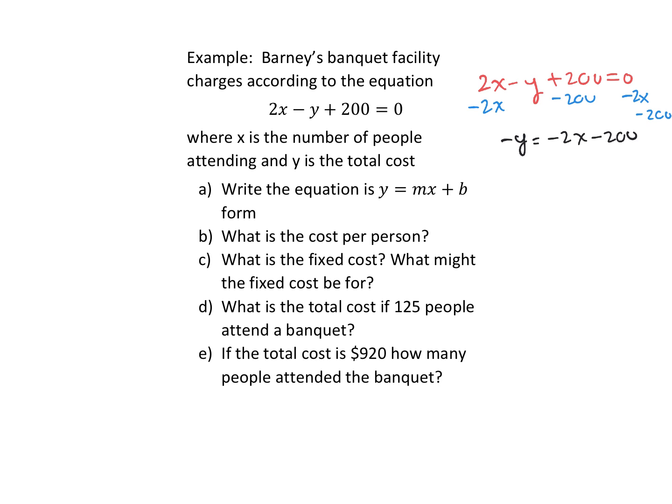We don't want negative y, we want positive. So we'll divide by the coefficient of negative 1 so that we get positive y. So now we have it in slope-intercept form. So remember that 2 is the rate of change, which is the cost per person.